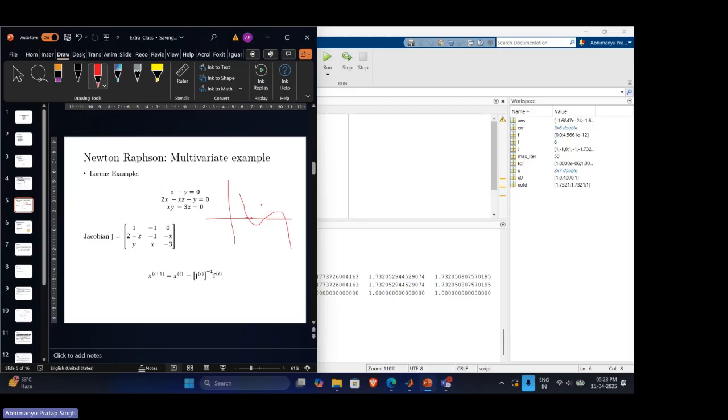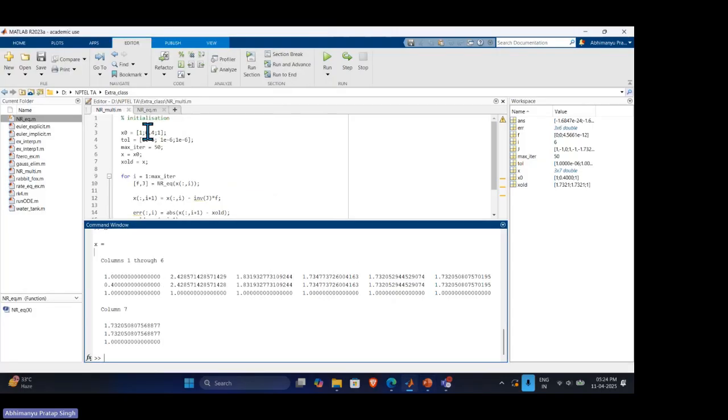But if I choose another initial guess, somewhere over here, then I eventually reach this point. That is the other solution. And then for some other initial guess, I might reach this solution, right? So we have multiple solutions based on the initial conditions that we choose. For the previous initial conditions, we got to the 0 0 0 solution.